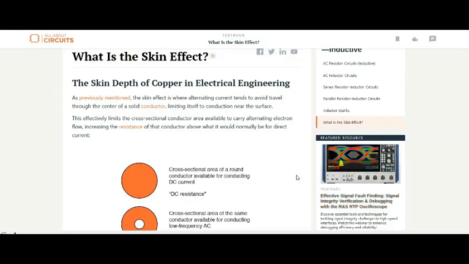Okay, thanks. So let's first talk about what the skin effect is. And this is from All About Circuits. It's important to remember as we go through this that the same phenomena causing skin effect and proximity effect is what causes your displacement current.